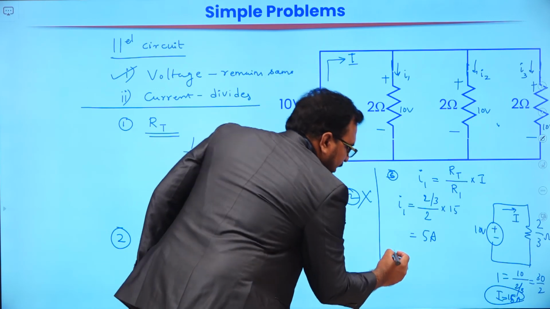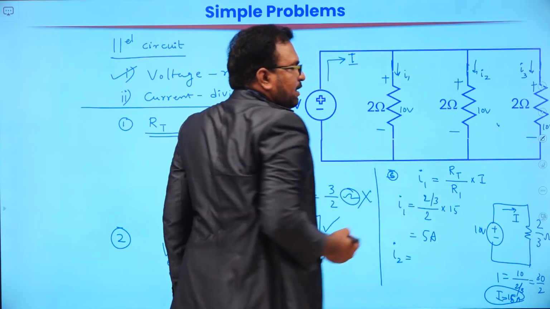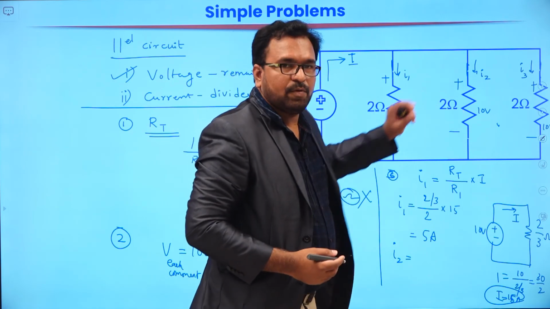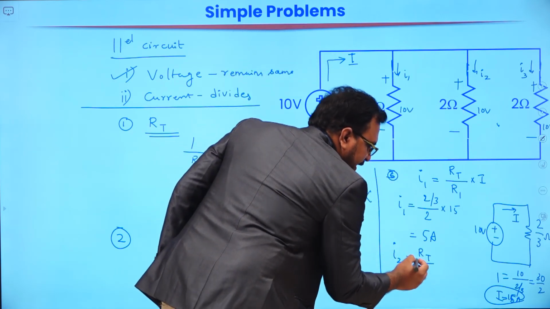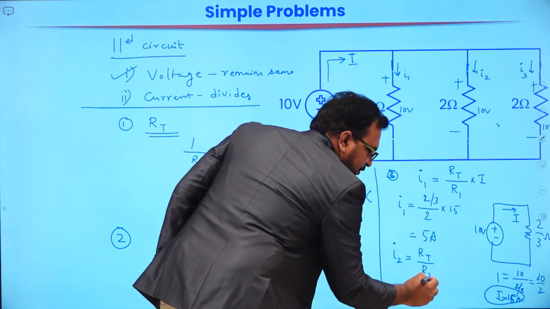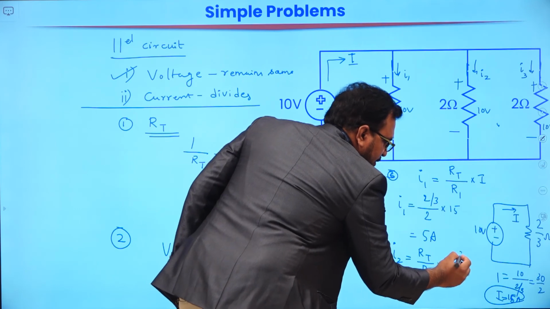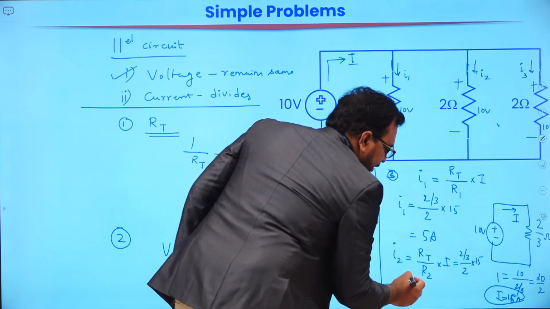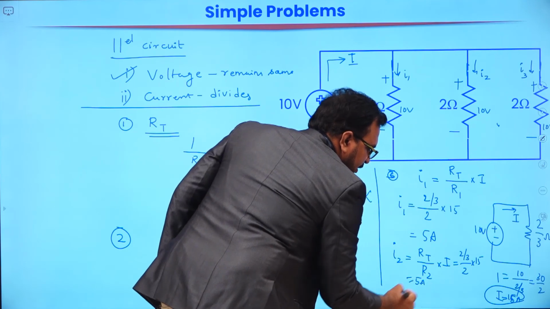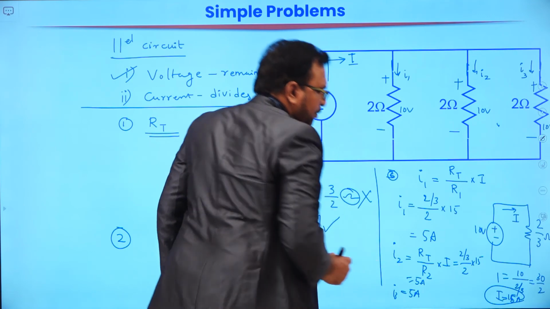Next, similarly calculate I2. I2 is the current flowing through the second resistor of 2 ohms. The formula is the total resistance RT divided by the second resistance value, into the total current I, which is nothing but 2 by 3 divided by 2 into 15. Again it gives 5 amperes. Similarly, if you calculate I3, you get 5 amperes.